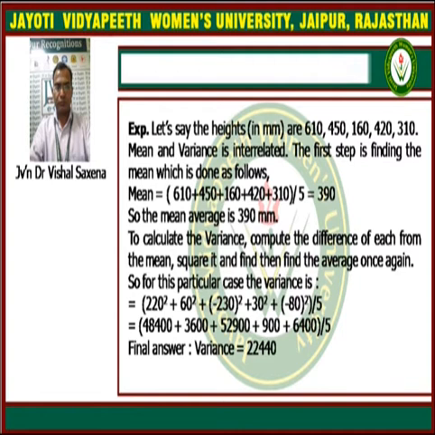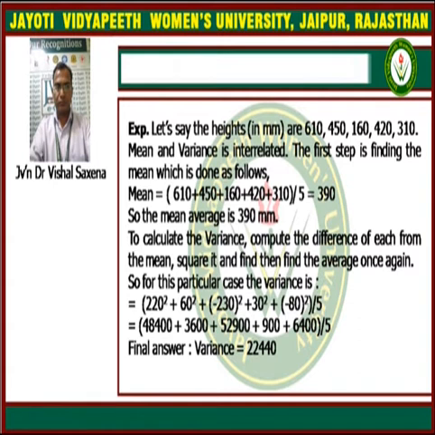Here we have one example, in which the heights in millimeter are 610, 450, 160, 420 and 310. The question is to determine the variance of this data series. In this question the data are given in the individual series form, meaning the frequencies are not given, just the data.